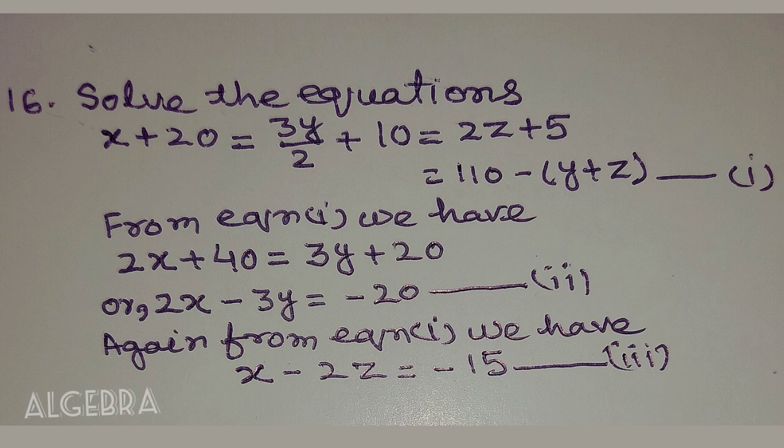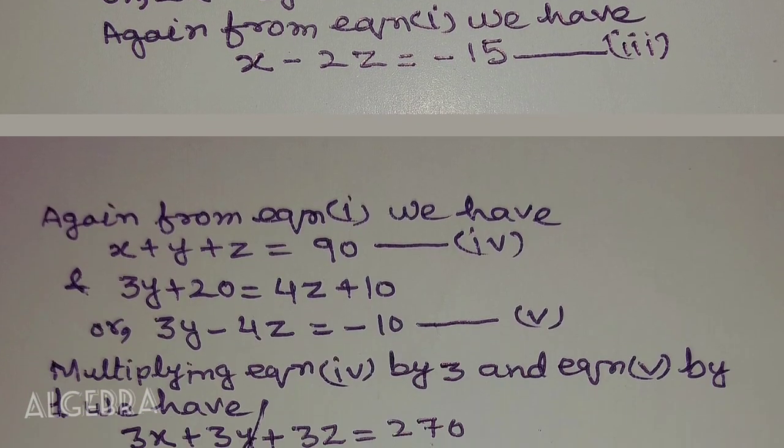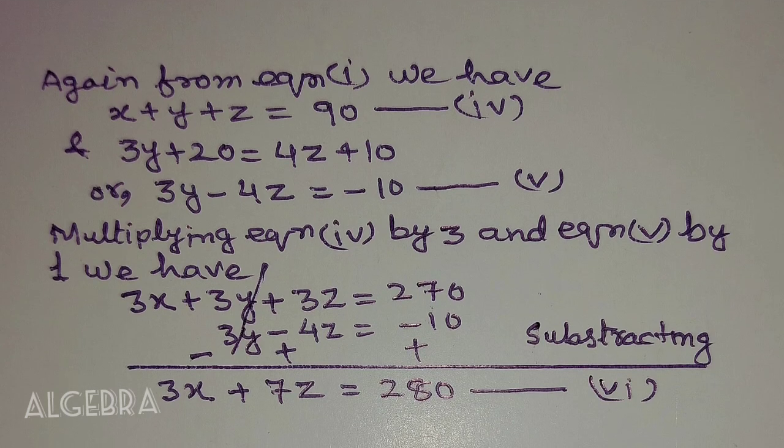Again from equation 1 we have x minus 2z is equal to minus 15, equation 3. Again from equation 1 we have x plus y plus z is equal to 90, equation 4, and 3y plus 20 is equal to 4z plus 10, or 3y minus 4z is equal to minus 10, equation 5.